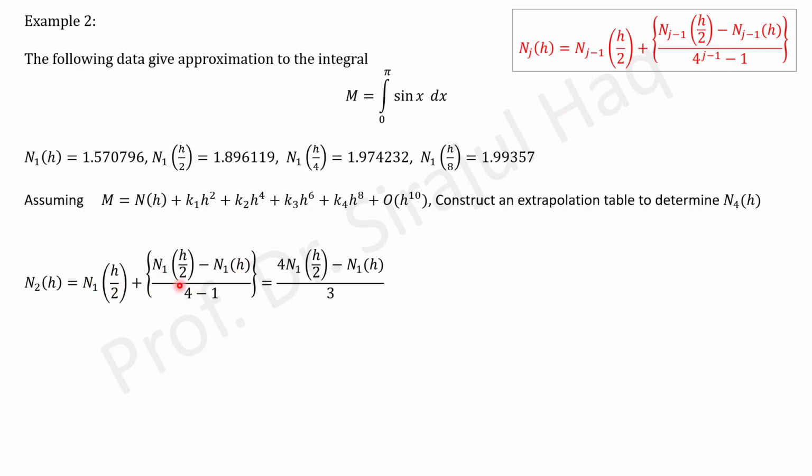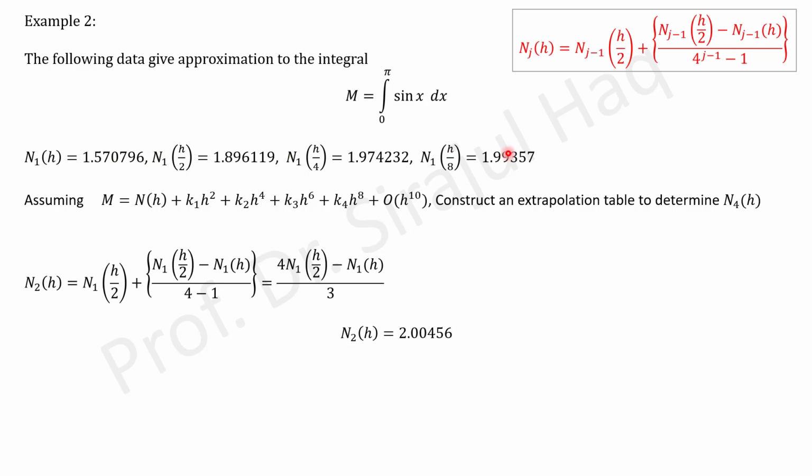Again in similar fashion, when you take the LCM, you are getting 3 plus 1 is equal to 4 times N1 of h divided by 2 minus N1 of h. Now N1 of h divided by 2 is known, and N1 of h is known. Substitute the values, you are getting N2 of h.